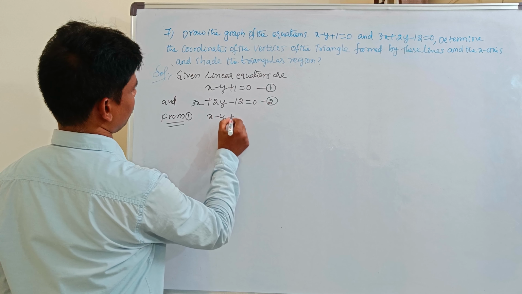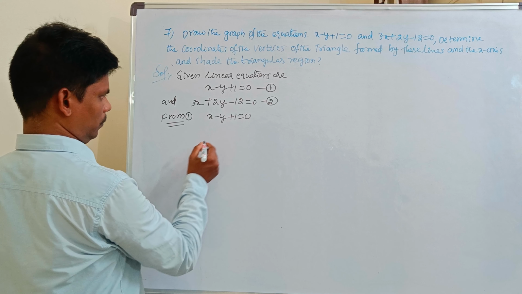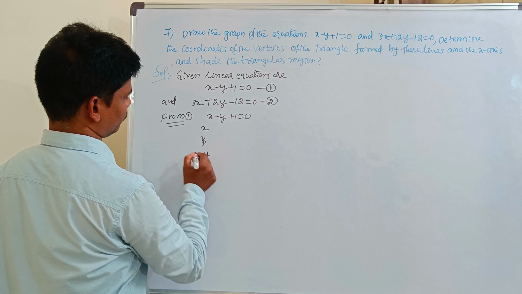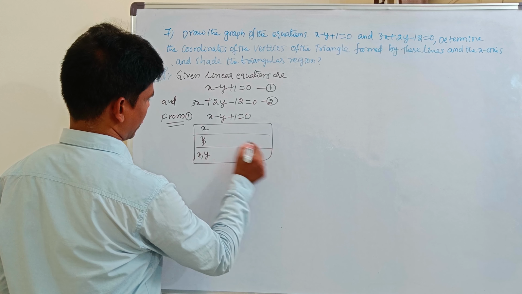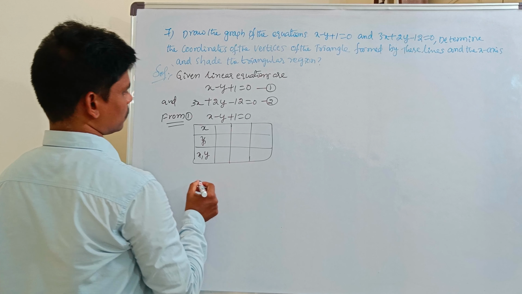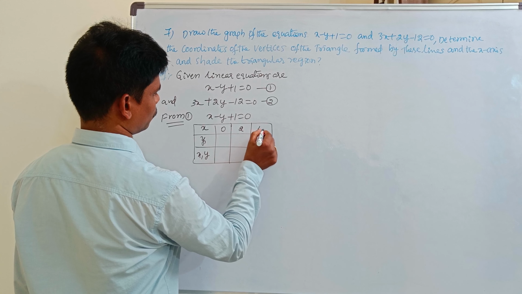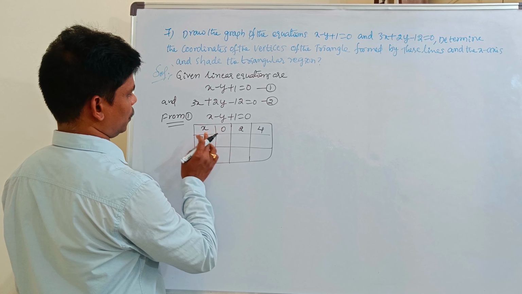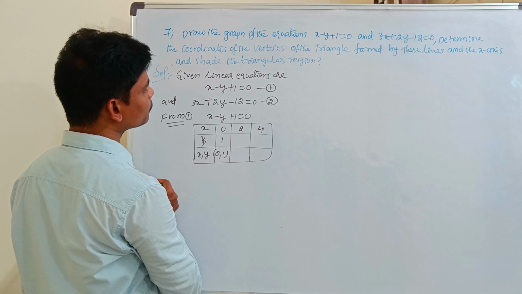x minus y plus 1 is equal to 0. So here take the x, y values. Suppose I take x as 0, 2, 4 and find the solutions. X value 0, y is equal to 1, so 0 comma 1.